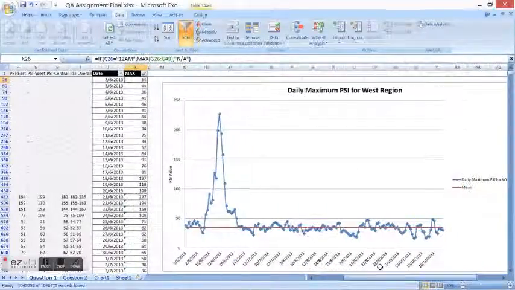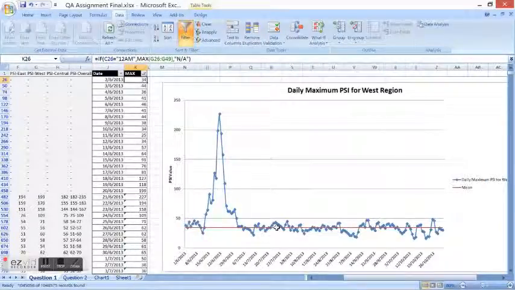From the graph, what I could see is that the daily maximum PSI is actually consistent after June, from July to October.